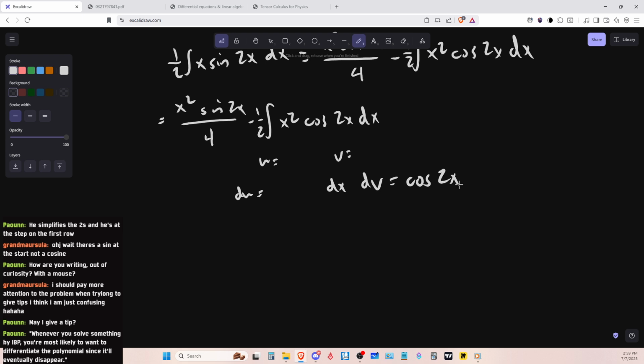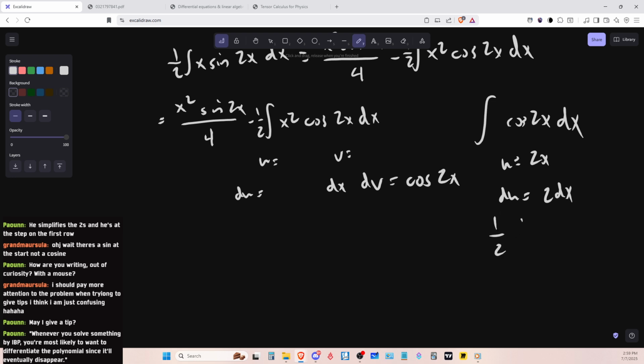Okay, so when we integrate this, so we have cosine here, and du dx.